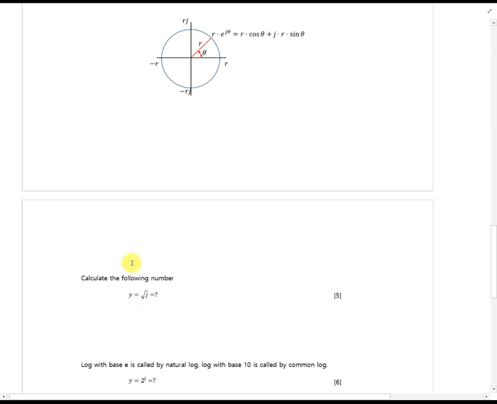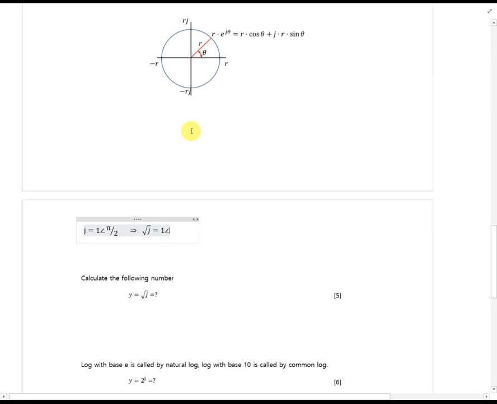j can be expressed this way: magnitude is 1, angle is pi over 2. In this case, the square root of j has magnitude 1 and angle pi over 4.